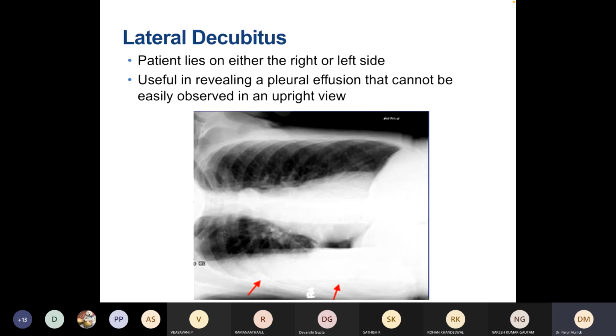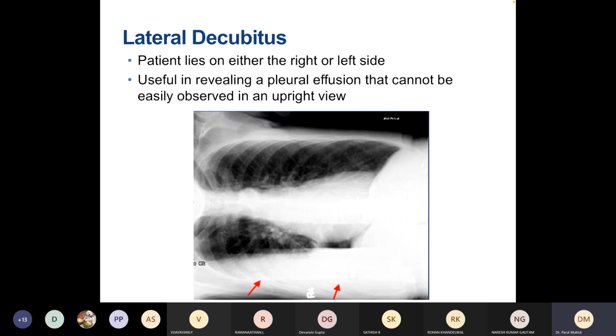Then another view is the lateral decubitus view, in which a person is lying on either side, and this is a very beautiful view for seeing effusions, fluids. To check for an effusion, if it is an AP frontal view in standing position, you need about 200 ml of fluid in the pleural cavity to appreciate it, while in a lateral view about 75 ml of fluid you can appreciate.